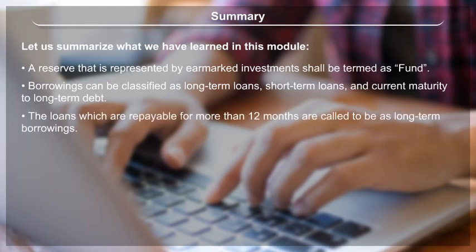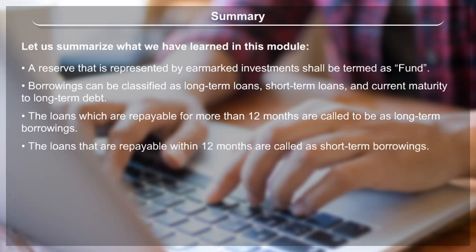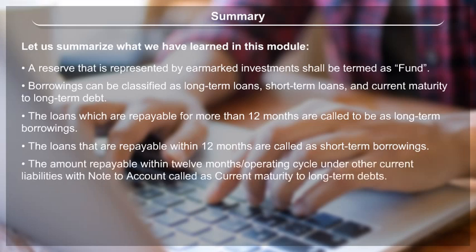The loans which are repayable for more than 12 months are called long-term borrowings. The loans that are repayable within 12 months are called short-term borrowings. The amount repayable within 12 months or operating cycle under other current liabilities with note to accounts is called current maturity of long-term debts.